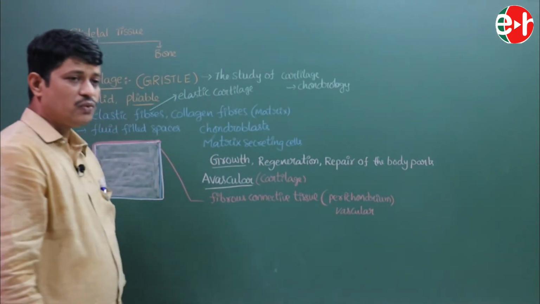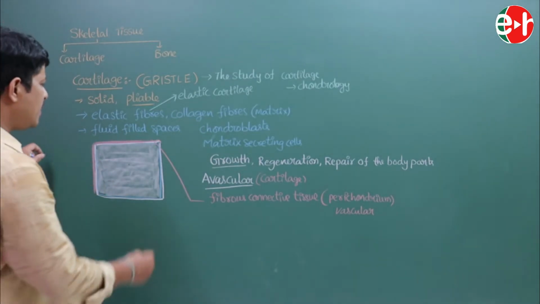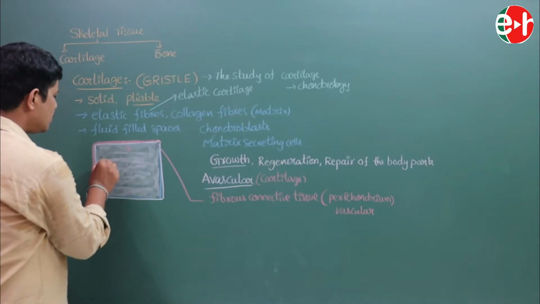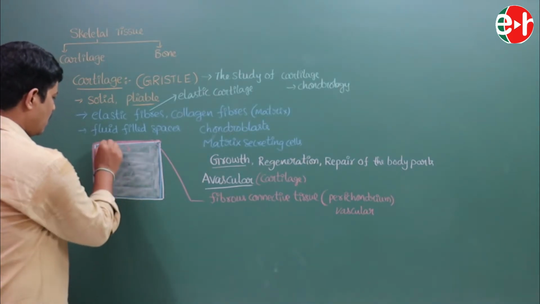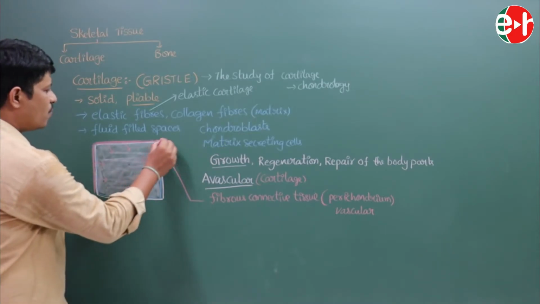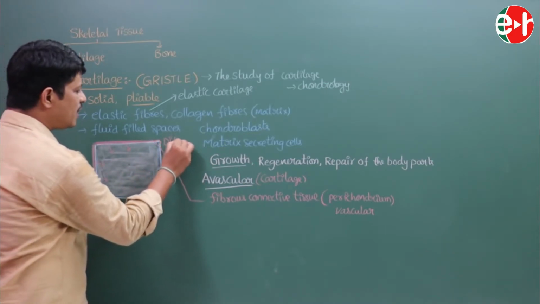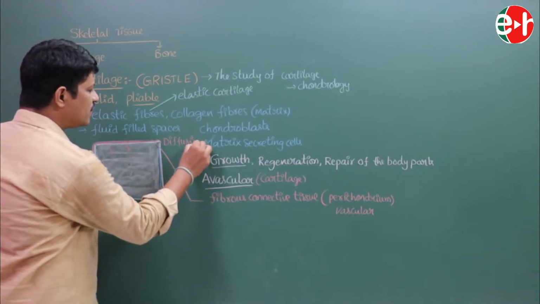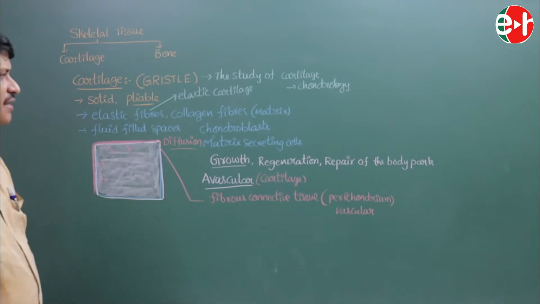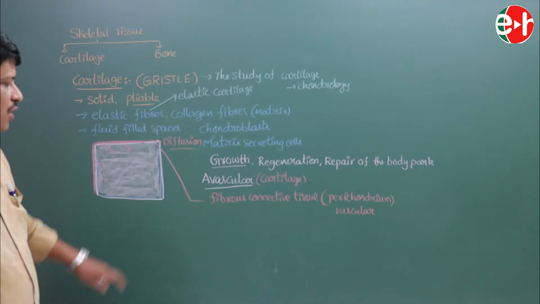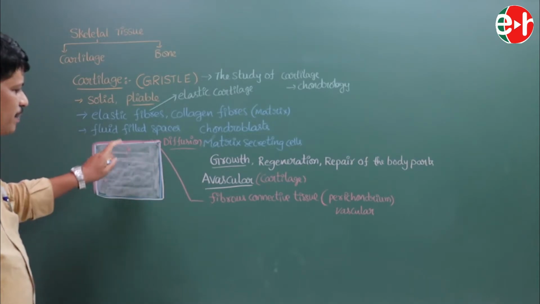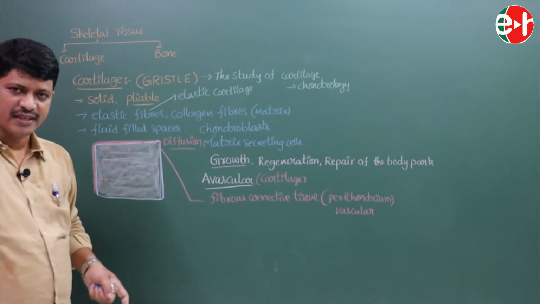If the cartilage wants blood or nutrients or supplies from the perichondrium, only one process is required for the entry of the nutrients from the perichondrium into the cartilage, that is called diffusion.